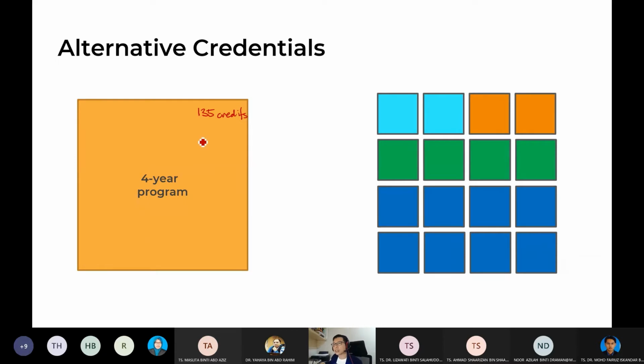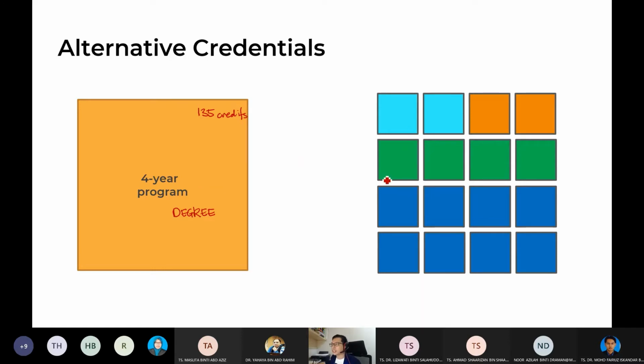Well, the idea of alternative credentials is, instead of making this whole block a degree, or maybe a diploma, but I'll stick with degree, instead of putting the whole in one block, higher learning institutions are trying to chunk this big block into smaller chunks, smaller courses.